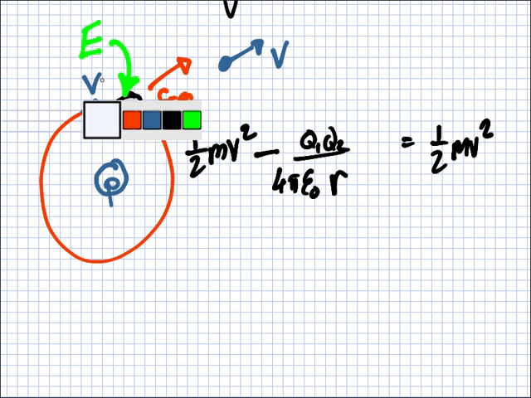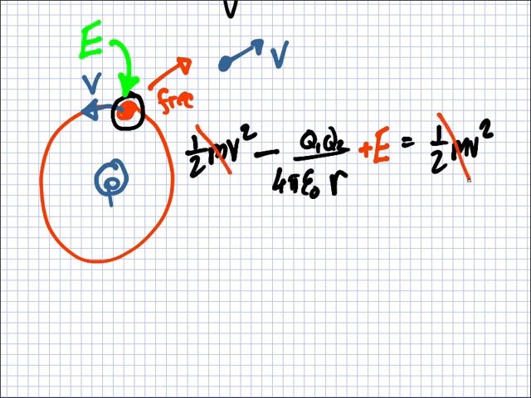So here I need to imagine somebody comes along and they do a plus E. This and this cancel, so you get E equals that.